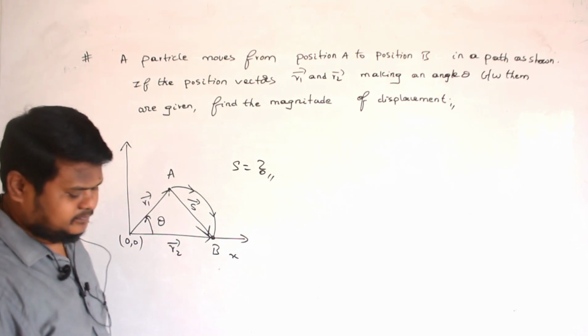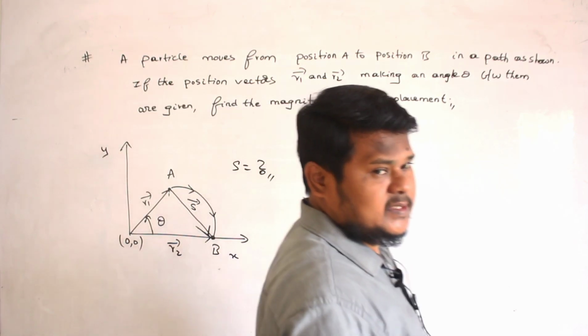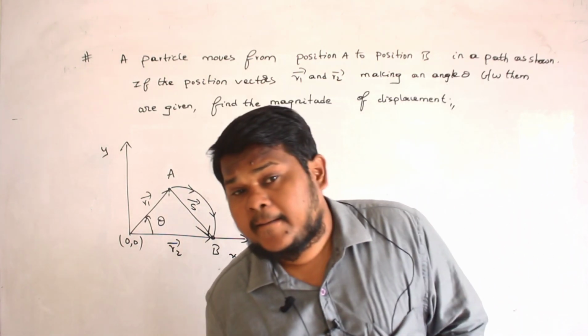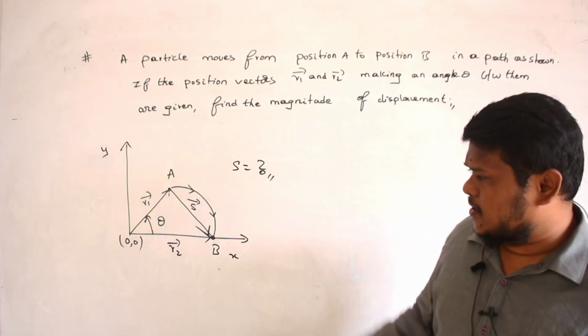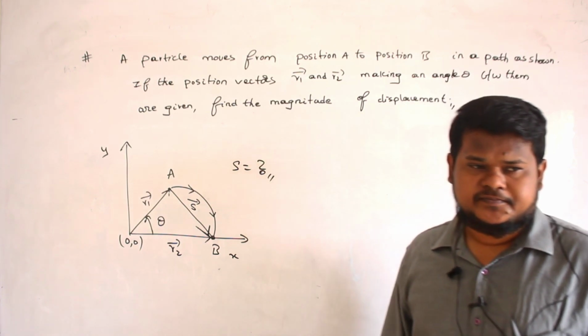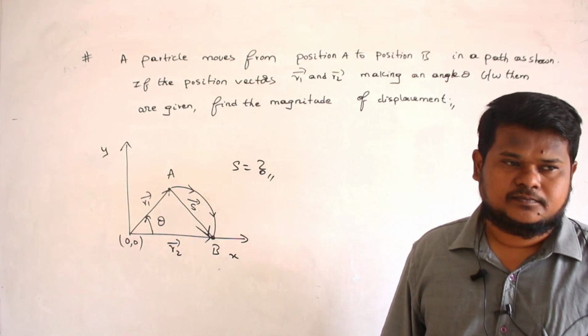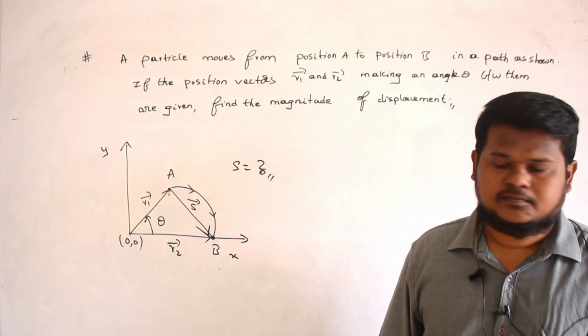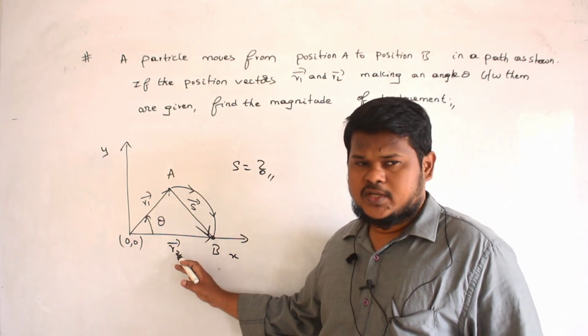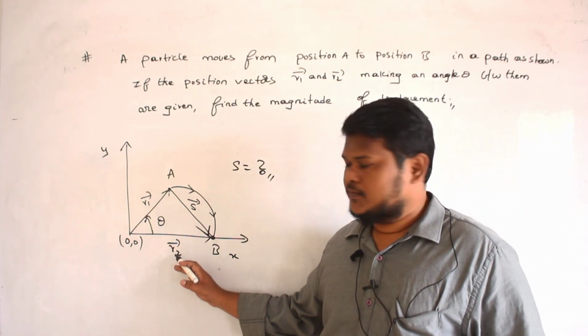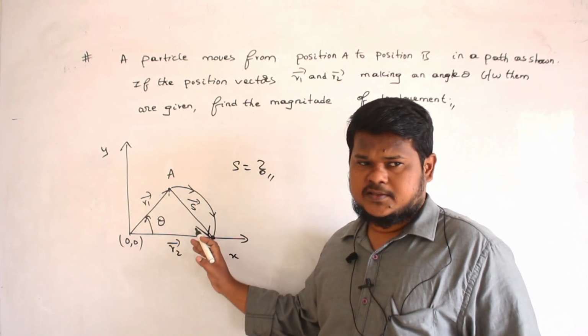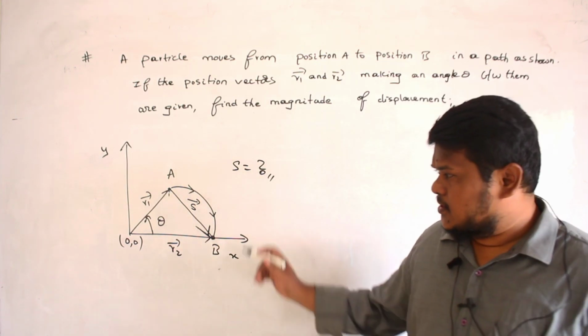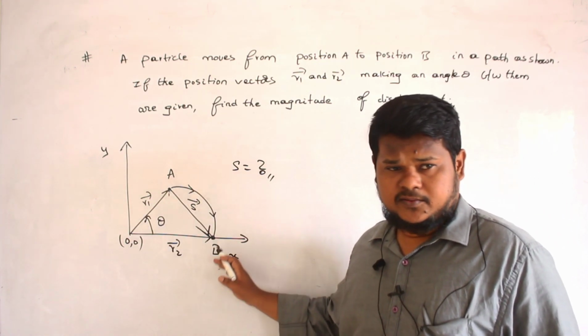How can I write? Triangular law of addition. How can I use the triangular rule of addition here? r2 dash is equal to r1 dash plus S dash. Very good. See, here a triangle is formed, no?